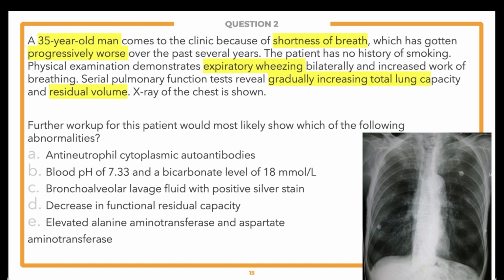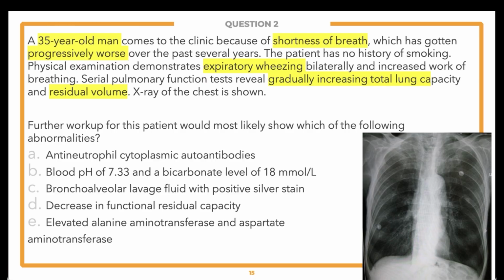Option choice C, BAL or bronchoalveolar lavage fluid positive for silver stain. What would that indicate? Option choice D, blood pH of 7.33 and a bicarbonate of 18. Okay, think of acid base. What does that indicate? And option choice A, anti-neutrophilic cytoplasmic autoantibodies. Those are my ANCA antibodies.